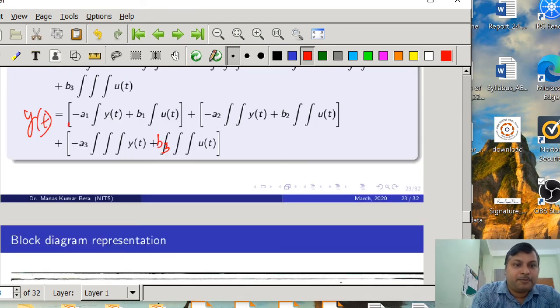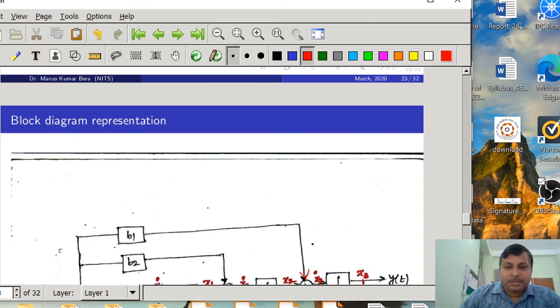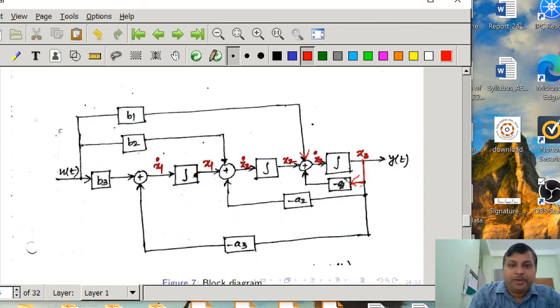So only this term we have integrated. Now you see the same quantities y(t) and u(t) have to be integrated two times, but they are multiplied with different coefficients, minus a2 and b2. So to implement the second term, we have again fed back y(t) into minus a2, which has been added with b2 into u(t), and then it is integrated again.